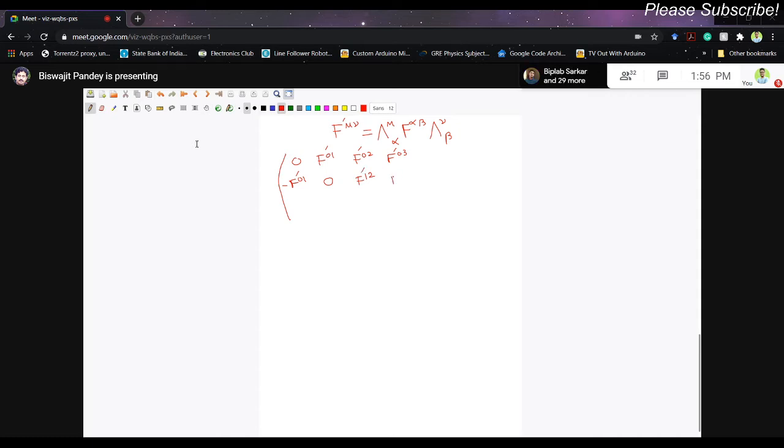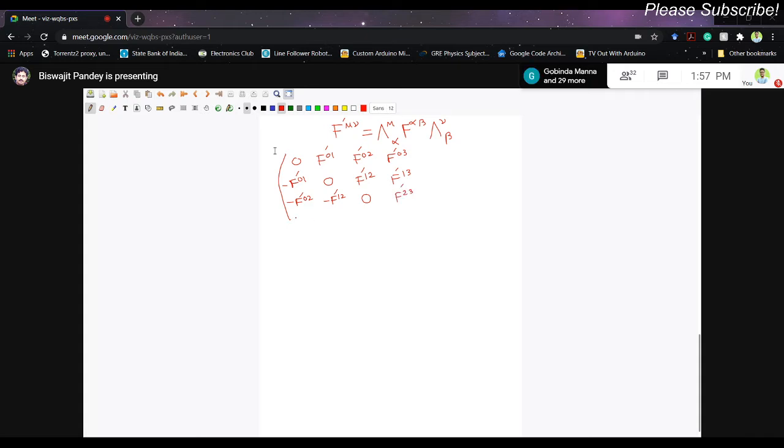F13 prime. Again this is antisymmetric, so 20 will be 02, F02 prime, this will be 21, and 12 are the same, so minus of F12 prime, this will be 0, and this will be F23 prime.